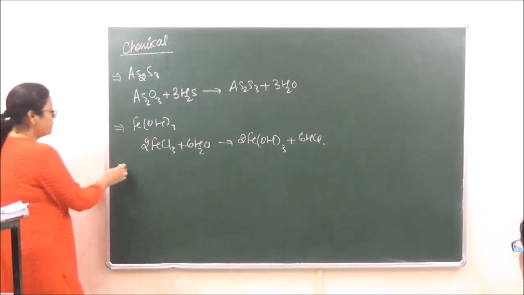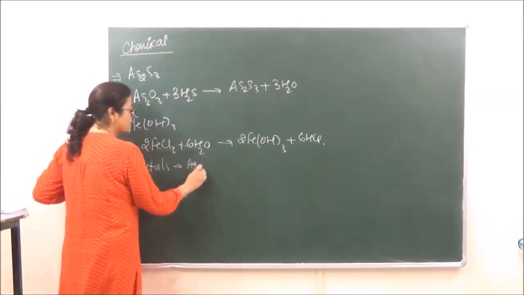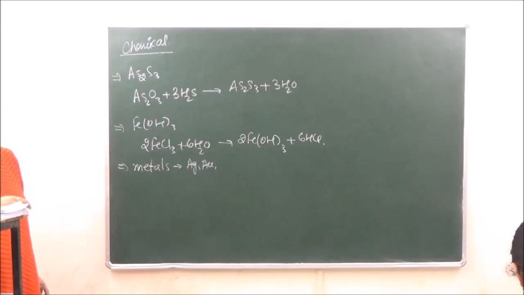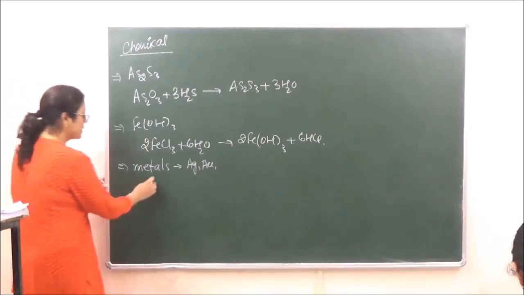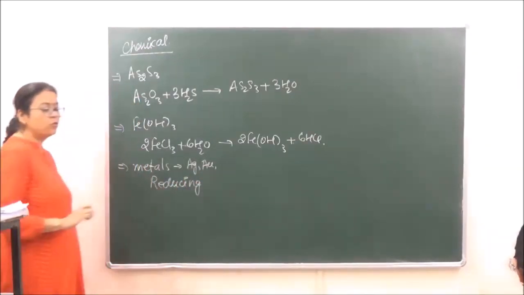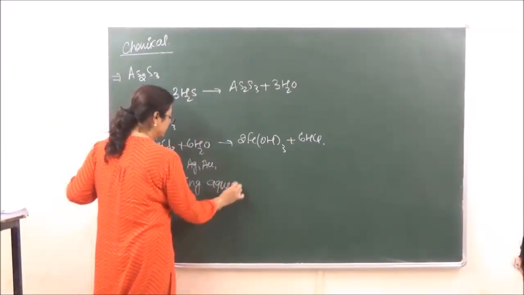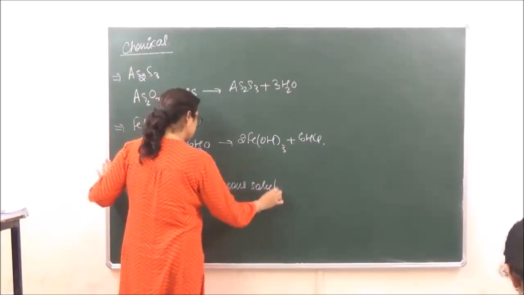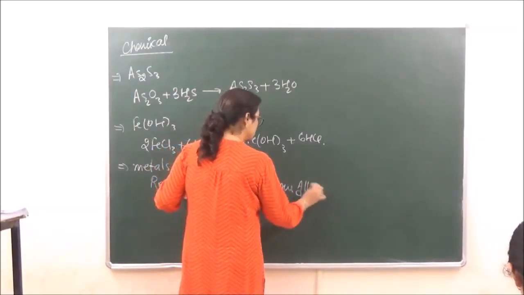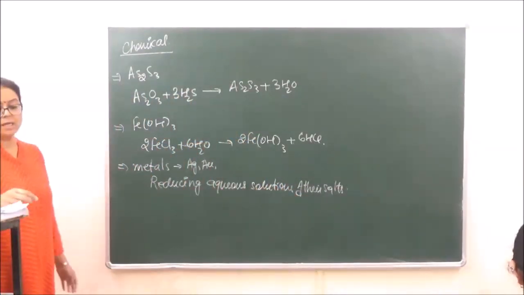Then there are a number of metals. You can write down a number of metals like silver, gold and platinum are obtained by reducing aqueous solutions of their salts. Okay? So this is another method.